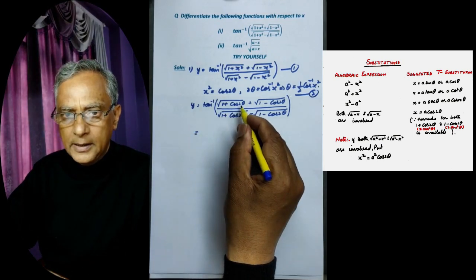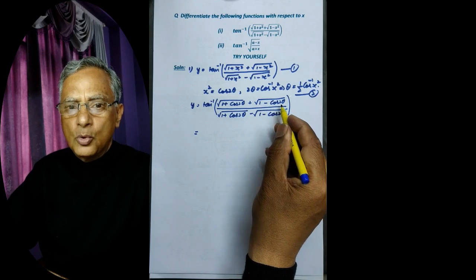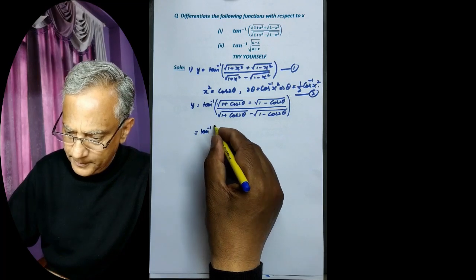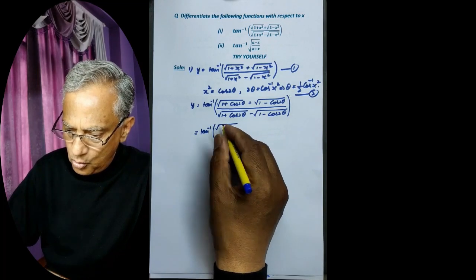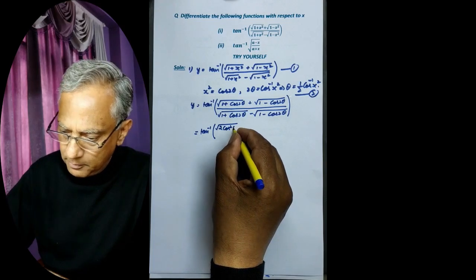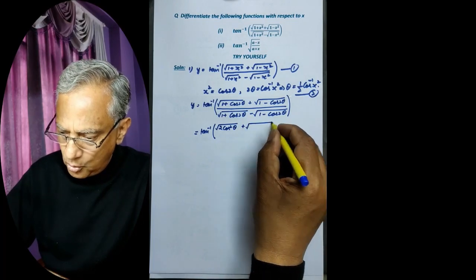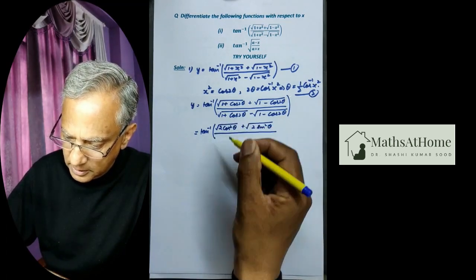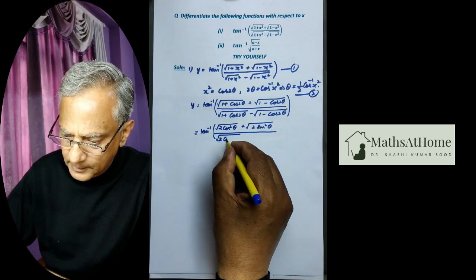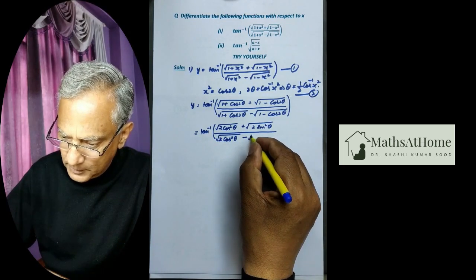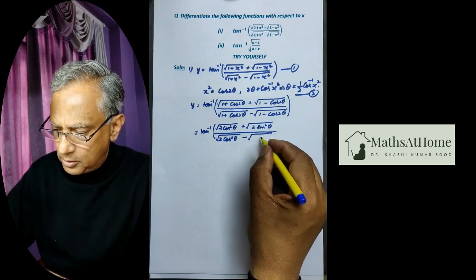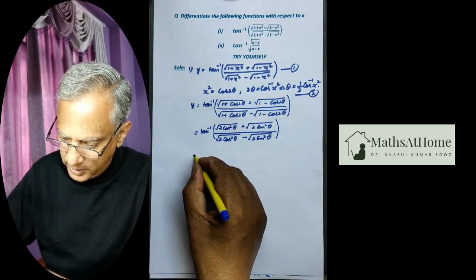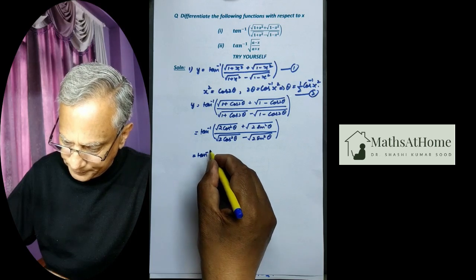Now we know 1 plus cos 2 theta is 2 cos square theta, and 1 minus cos 2 theta is 2 sin square theta. So we write tan inverse of under the root 2 cos square theta plus under the root 2 sin square theta, whole divided by under root 2 cos square theta minus under root 2 sin square theta, and this is equal to tan inverse.